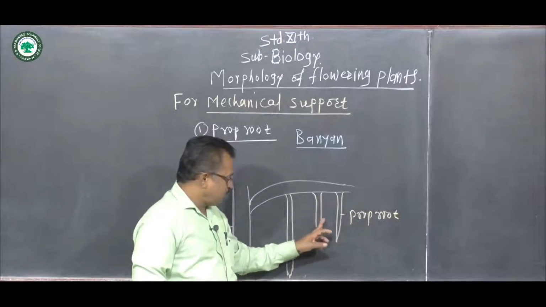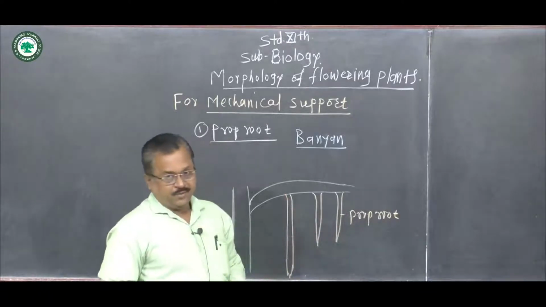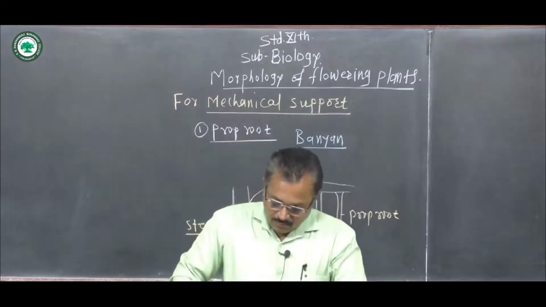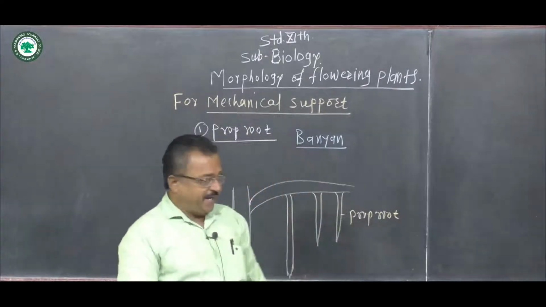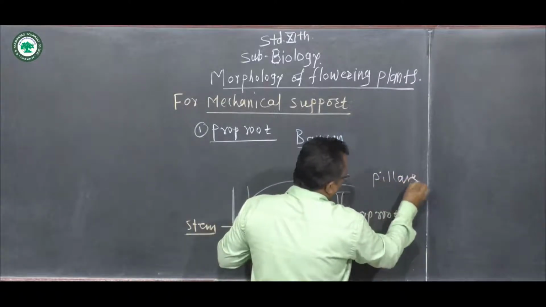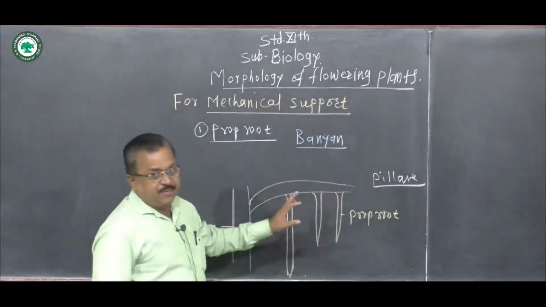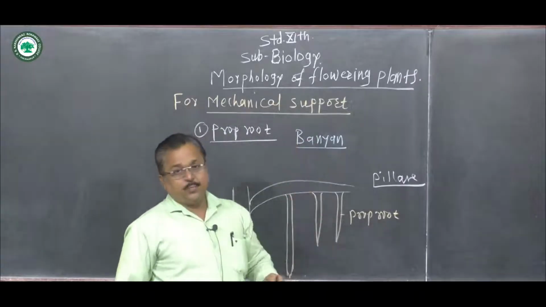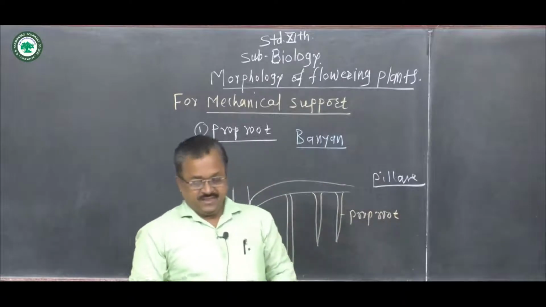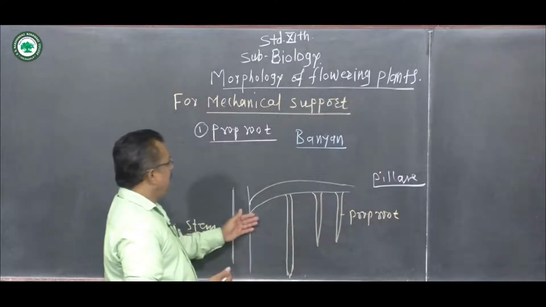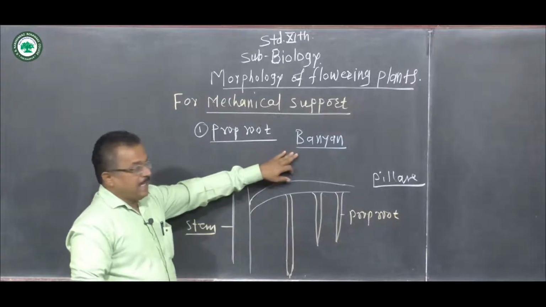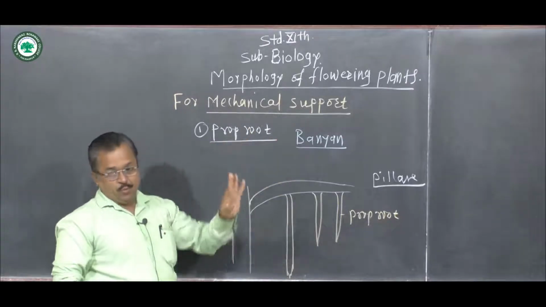These roots show secondary growth, enlarge in size, become thick, and act like a pillar, giving support to the heavy branches. Such roots are called prop roots. For example, the banyan tree, for mechanical support.